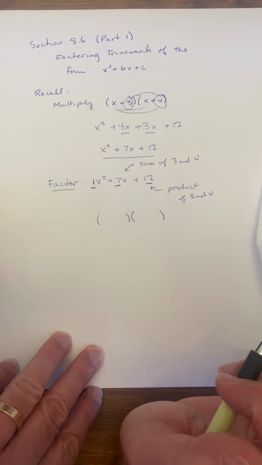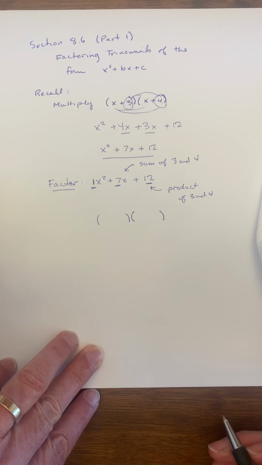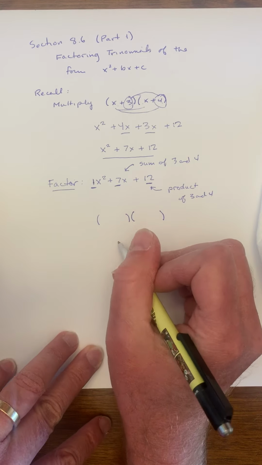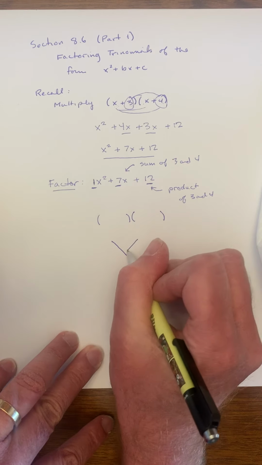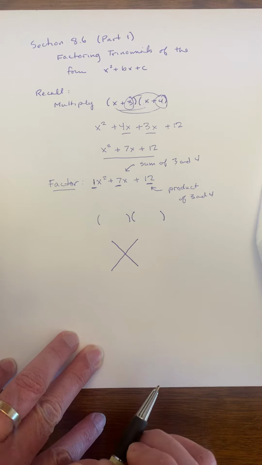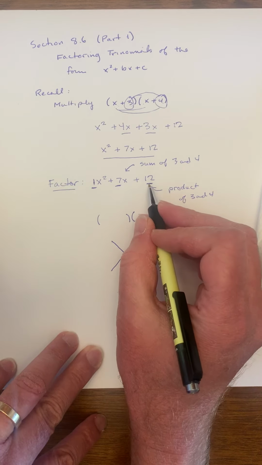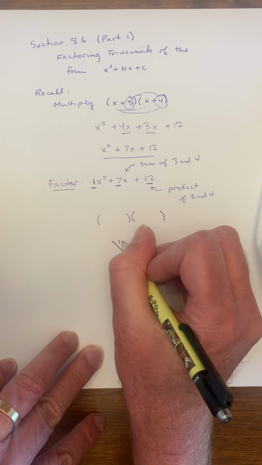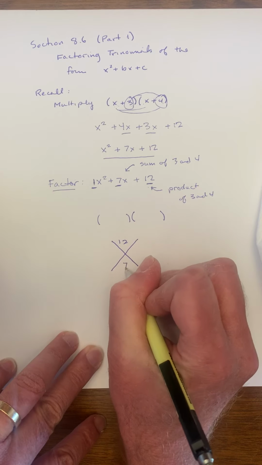Now, sometimes to help us do this, we use the X method, and we're going to use something called the X method a lot on Monday, but I'm going to show you what that means. When I have a problem like this, I'm going to draw an X like this, and I'm going to put the multiplication number right here, and this number right there.